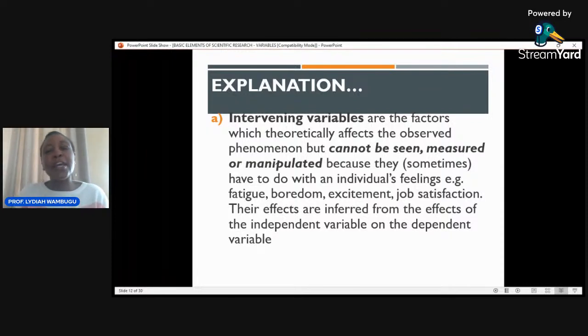They are not able to, because they can only be inferred from the effects on the dependent variable. So when I say the word measure, it does not mean that it cannot be done completely. It is because we are able to infer from the effects on the dependent variable. What does this mean? If I go back to my example of performance, if we are in class and I have performed very well, the teacher may conclude Lydia may be having a very high IQ.